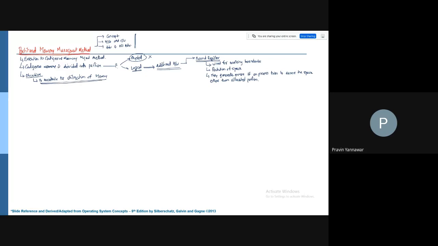Okay, so this was the objective, and this particular partition memory management method allows the most important point that is called multi-programming. And in the last lecture itself, we have discussed multi-programming, which is allowing to execute more than one task at a time.